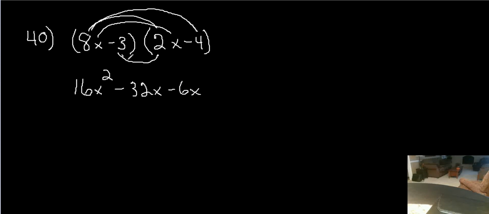And finally, negative 3 times negative 4 is positive 12. Final answer, 16x squared minus 38x plus the 12.